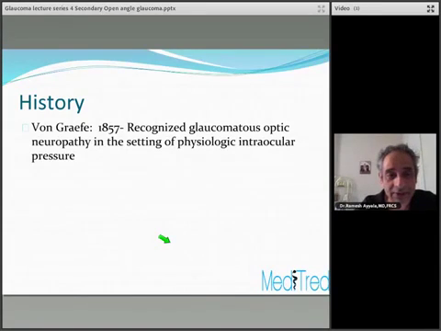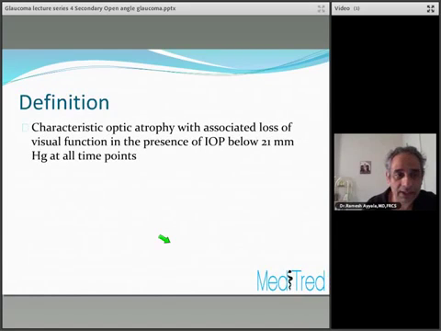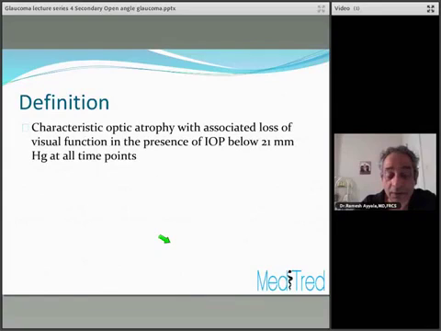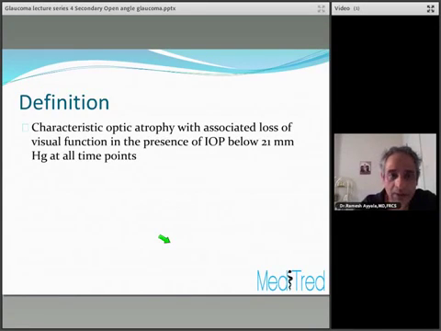But again, Juan Grafe in 1857 recognized glaucoma as optic neuropathy in the setting of physiologic intraocular pressure. So that's how all of this started. He recognized this as a distinct entity even in those days. So how do you define this? A characteristic optic atrophy with associated loss of vision function in the presence of intraocular pressure below 21 millimeters of mercury at all time points, in the presence of open angles, of course.